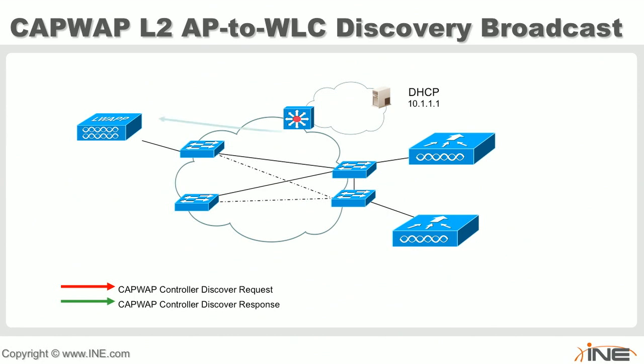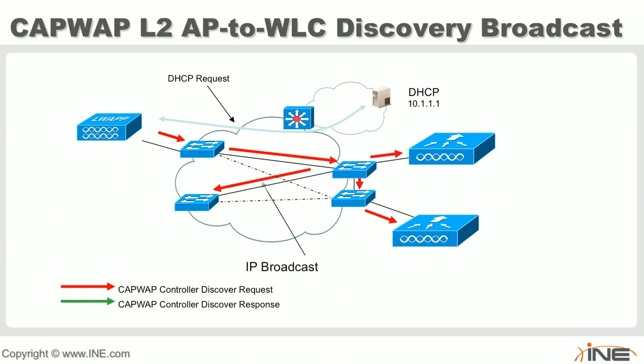To begin with, the DHCP request is going to be made by the LWAP to try to get an IP address in general. Then it's going to send a broadcast out, and if it happens to be on the same subnet as a WLC or multiple WLCs, I have WLC 1 and 2 pictured on the right, then certainly the WLC will respond.